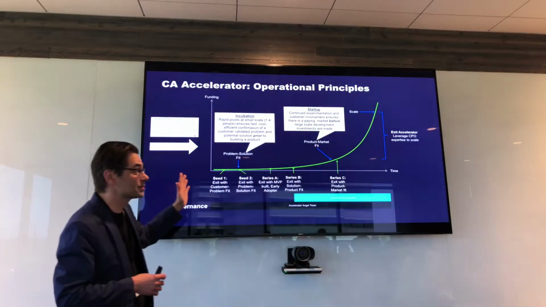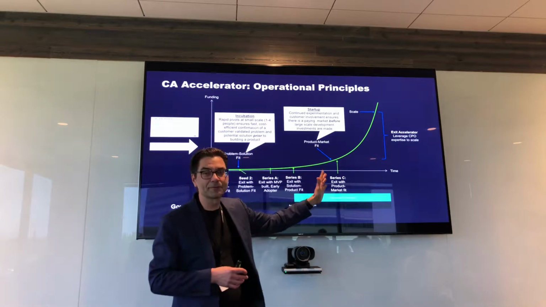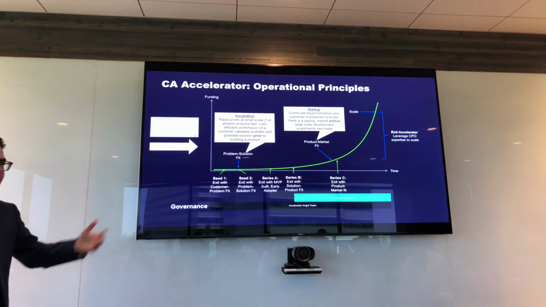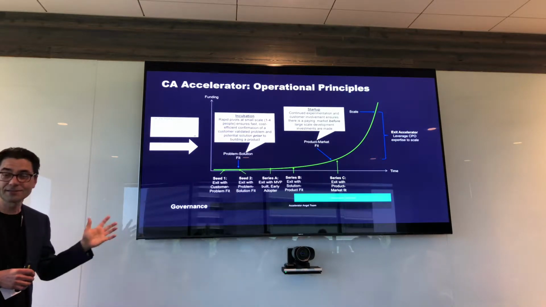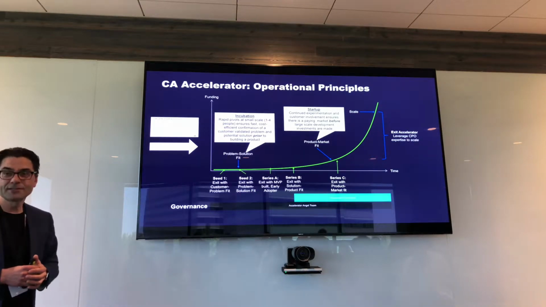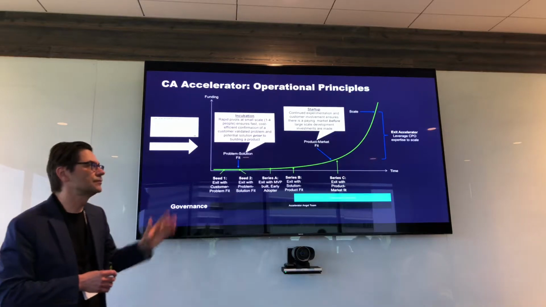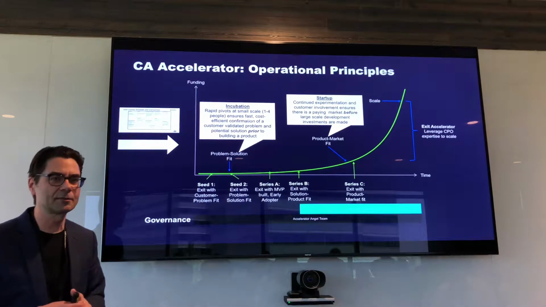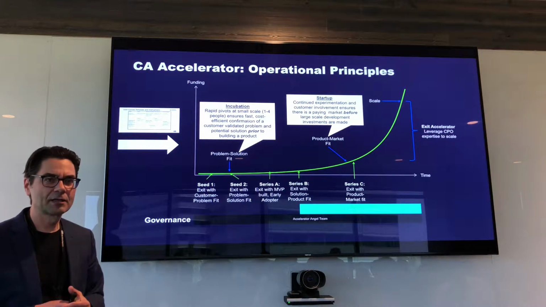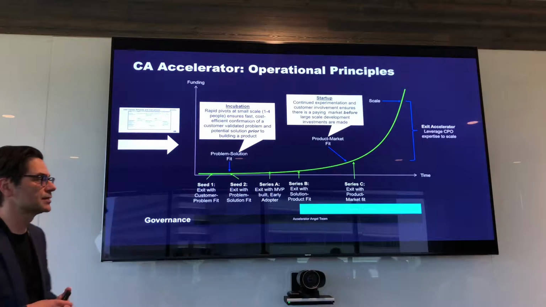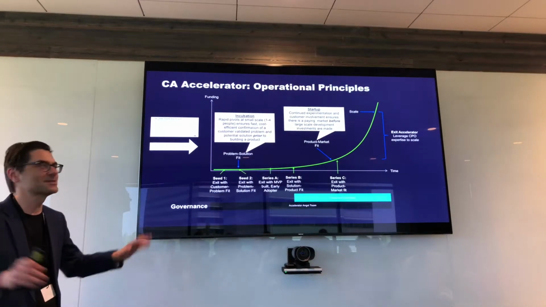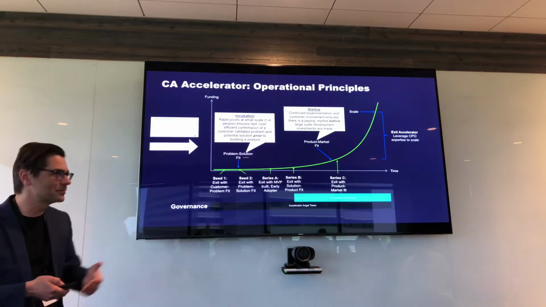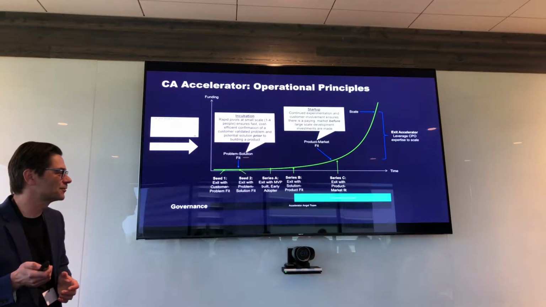So if these incubations make it all the way through the pipeline, we have an exit, but the exit is unlike a regular VC exit. The exit is within CA, and it's specifically into our product organization to continue to scale up and achieve market maturity over time. So that's a brief synopsis of the process, but it'll help frame the discussion with our co-founders.